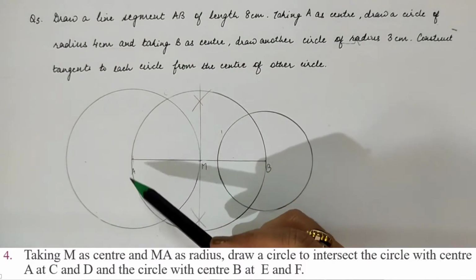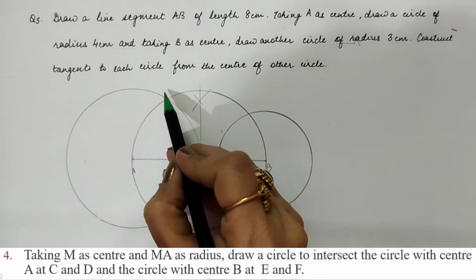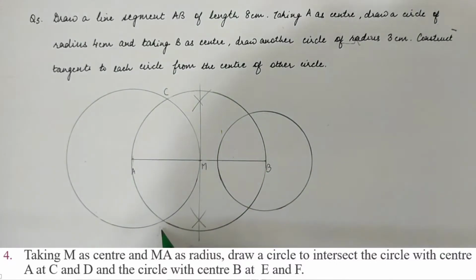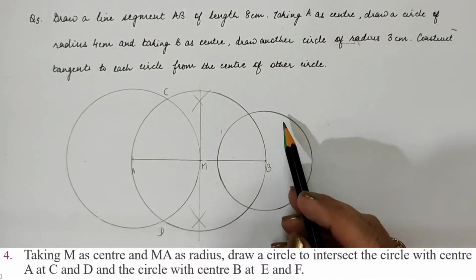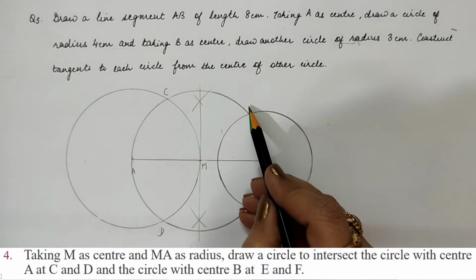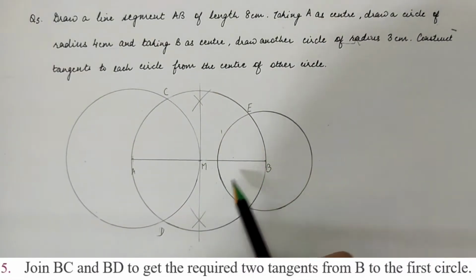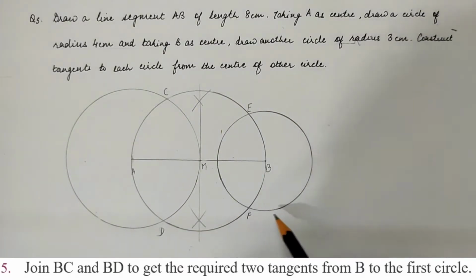Now this circle that I have made intersects the previous circle with the center A at points C and D, and it intersects the circle with the center B at points E and F. Okay, if I join BC and BD, I'll be getting the two tangents from B to the circle with the center A.